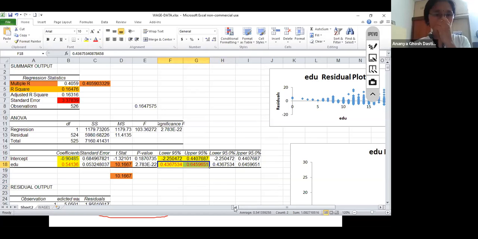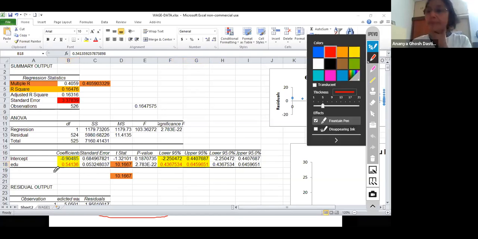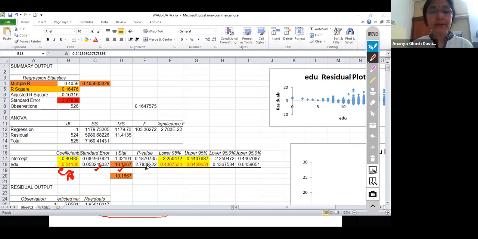So when you run a regression and you get some results, you see that here is your beta hat, okay? Here is the standard error of beta hat. Here is the t statistic for beta hat. Here is the p-value for beta hat, right? You see all of these.